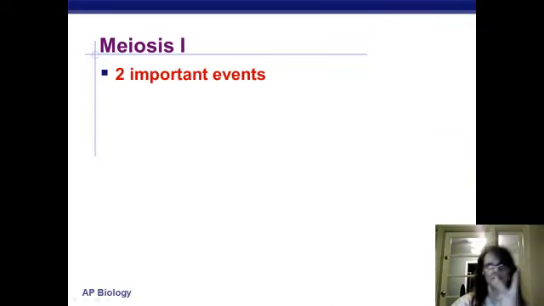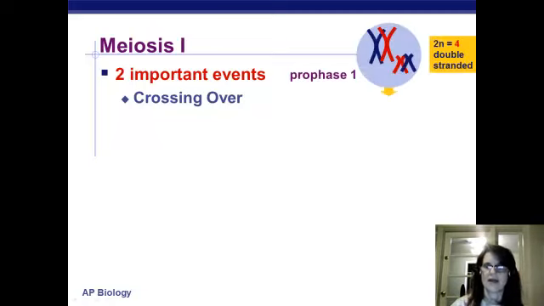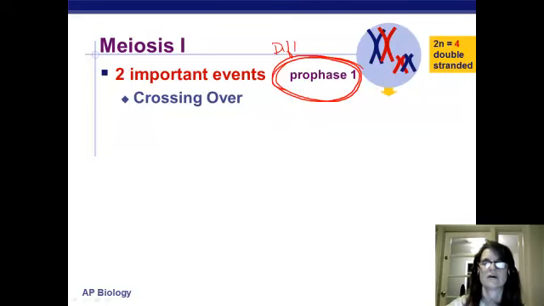Okay? So there are essentially two really important events of meiosis 1 that do not occur the same way in mitosis. The first event is crossing over, and this occurs in prophase 1. So prophase 1 is a place we are going to be different from mitosis, okay? In meiosis, we are very different.